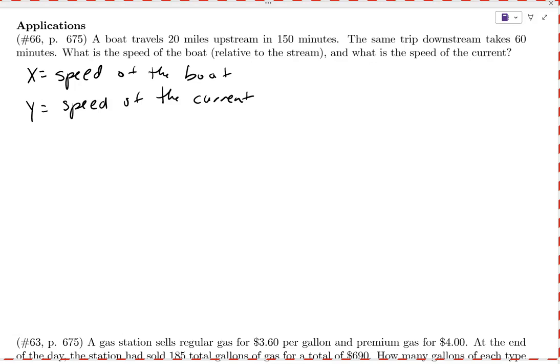What do you think is going to be the relationship between your x and y if you're going upstream? What should you be doing with the x and y? Are they working together or working against each other? Against each other. So what do you think you ought to do with the x and the y if they're working against each other?